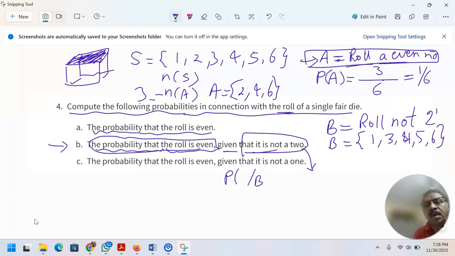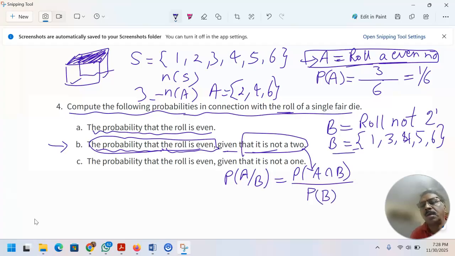We want to know the chances that it is going to be even when we know that it is not 2. By the conditional formula, it is the probability of A and B divided by the probability of B. For the denominator, the probability of B, there are 5 of them, 1, 2, 3, 4, 5. So this is 5 out of 6.